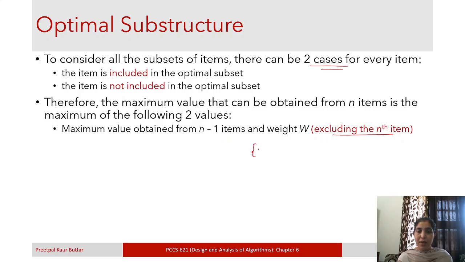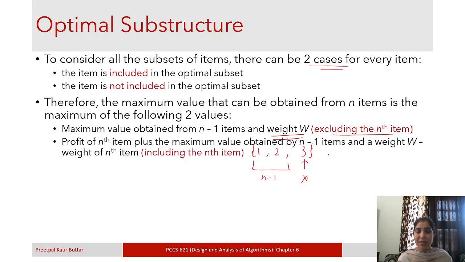Suppose item number 1, item number 2 and item number 3. Okay, so this is the nth item. You can include it or you can exclude it. So if you decide to exclude it, then the maximum profit will be the maximum profit obtained from n minus 1 items. And the maximum weight of the knapsack is capital W, right?